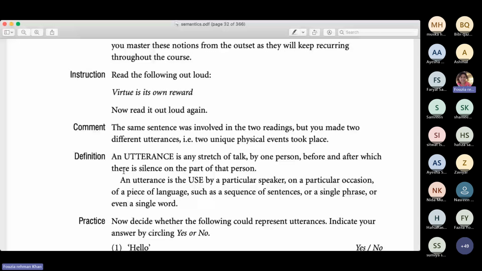What can be the length of an utterance? The utterance can be as short as a phrase, or it can be extended to any stretch of talk. It has to be by one person, before and after which there is a silence on the part of that person. Now, when I am speaking, my utterance begins, and then it goes on till I stop, and it is the turn of another person.